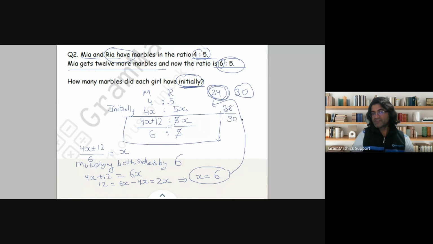So 36 and 30 have 6 common as a factor. If I divide by 6, I get 6 here and I get 5 here. So which is a ratio of 6:5, which means both checks are done and satisfied. So my answer is correct. Get it? Good.